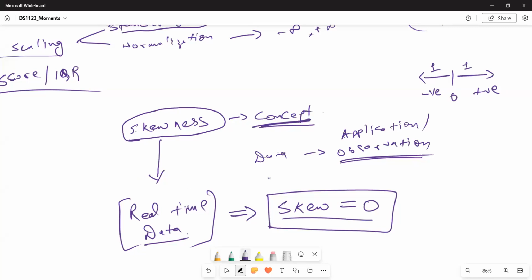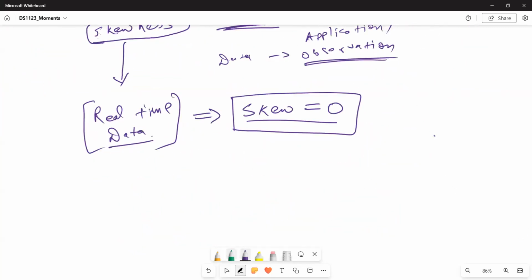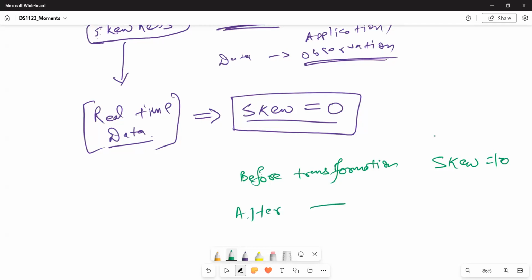For example, let's say before transformation, the skewness of the data is 10, just an example. If the skewness of the data is 10 and after transformation, I'm able to get the skewness of the data as 1, right? So 1 is better than 10.